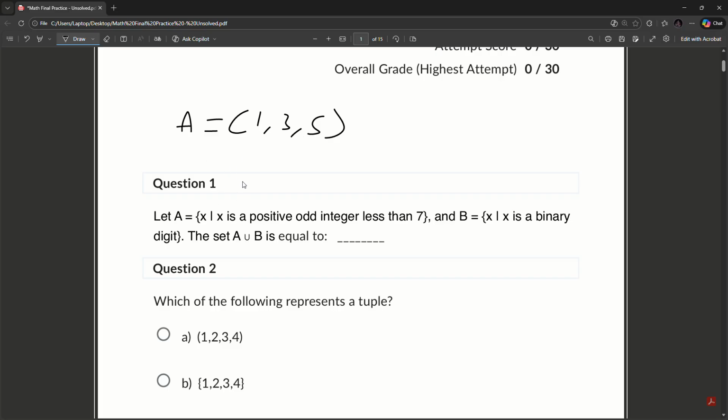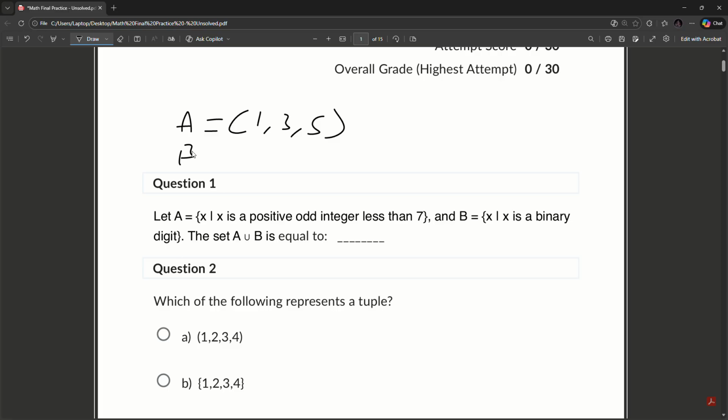It is anything that's a positive integer, so more than 0, and it is an odd integer that is less than 7. But it says less than, not less than or equal to, so it doesn't include 7.